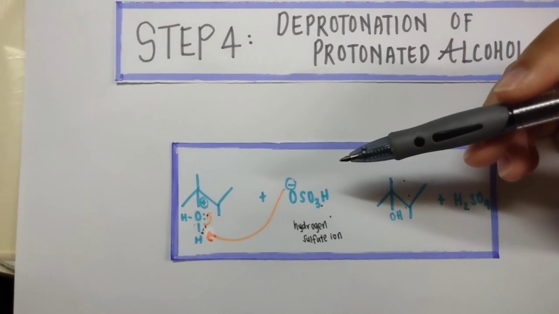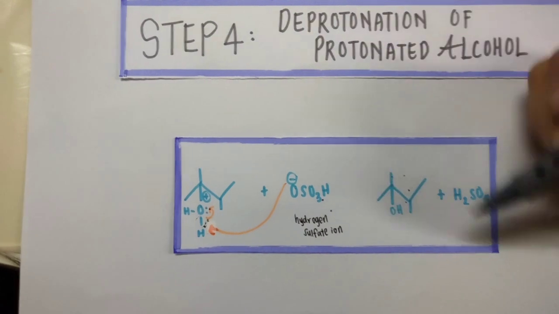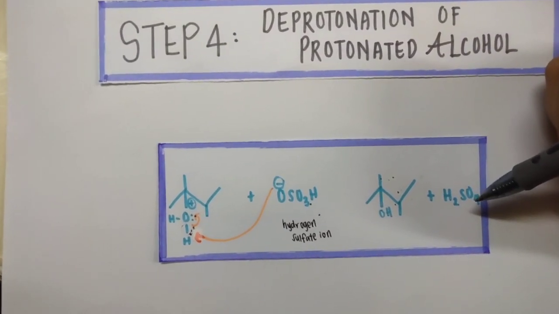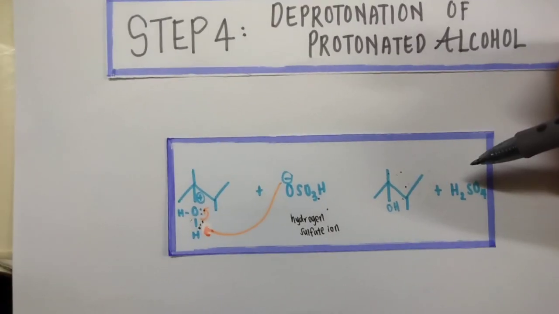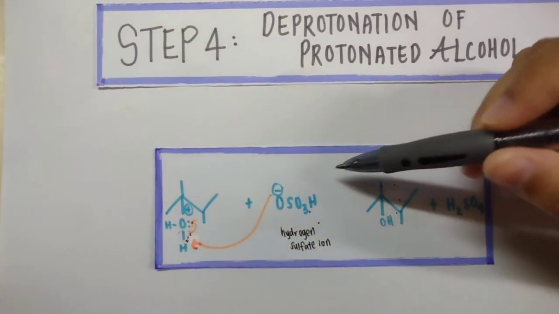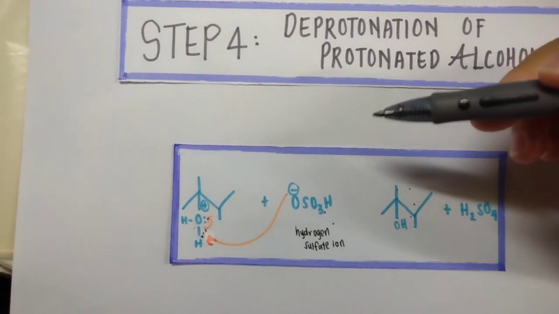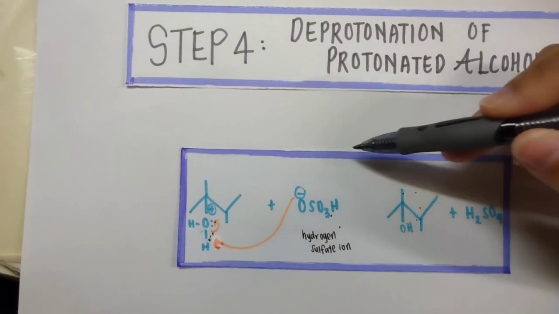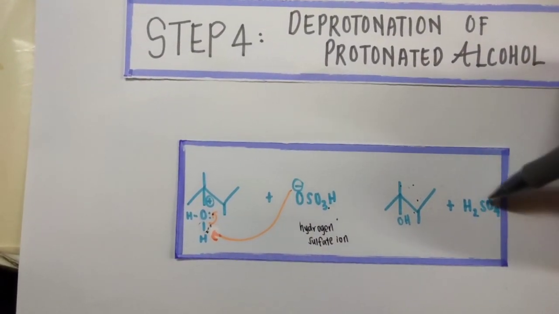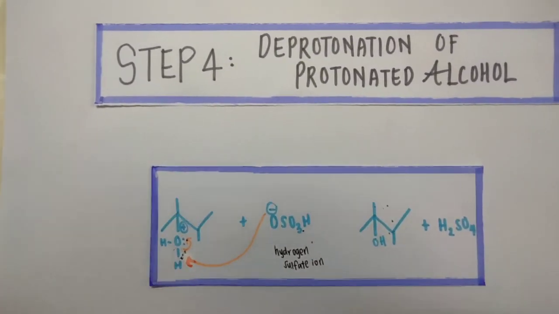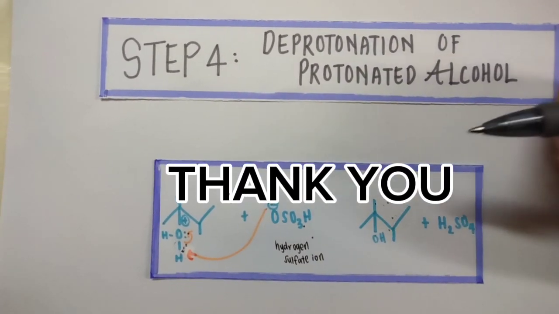The acid catalyst is regenerated at the end of the reaction, making it a catalytic process. It means at first we use the H2SO4, and then it will turn back into H2SO4 at the end of the reaction. So that's all from me.